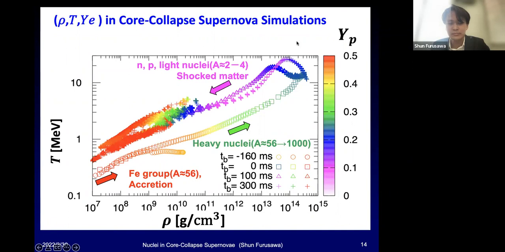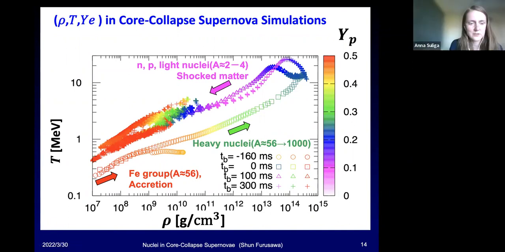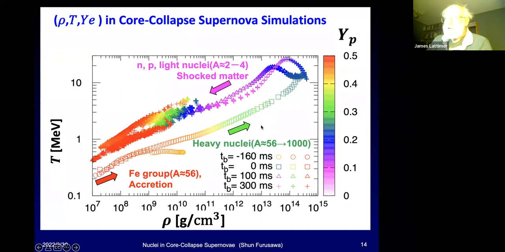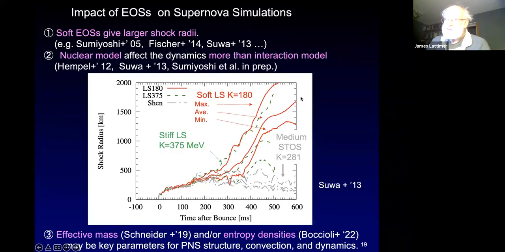Thank you. I think we'll have one last question, and then we will continue with the discussion. James Lattimer has a question. The previous figure you showed pretty clearly shows that the incompressibility of symmetric matter is not important, but that the symmetry energy and or the effective mass are the two key parameters in the supernova simulations.